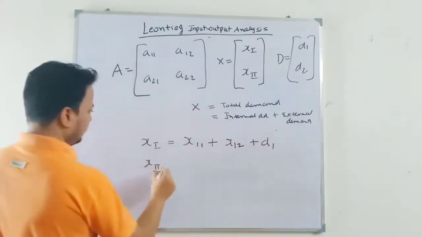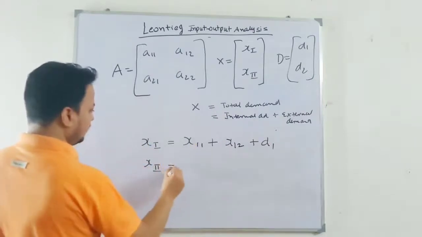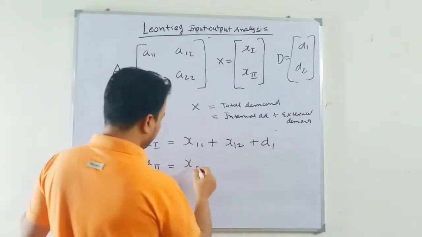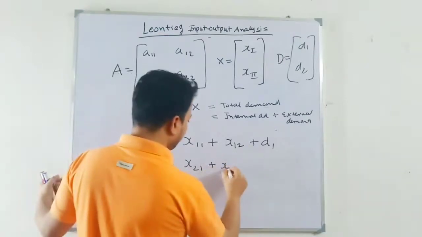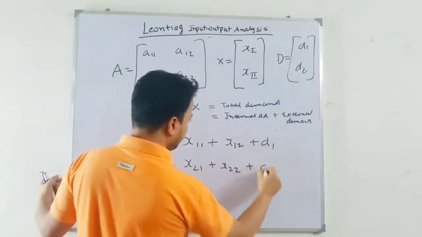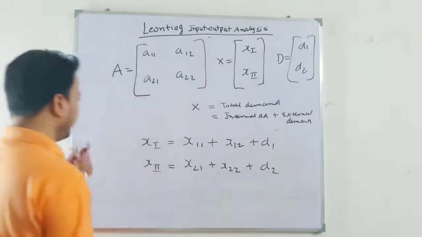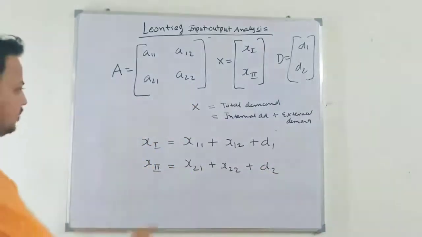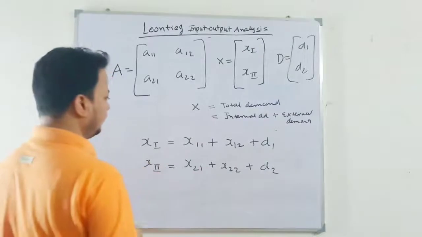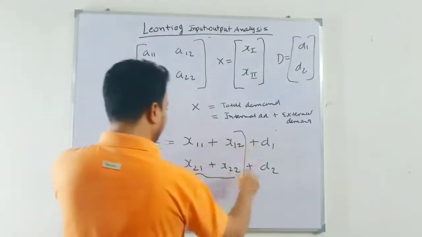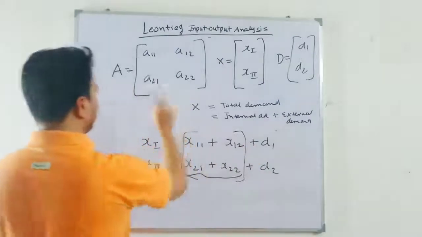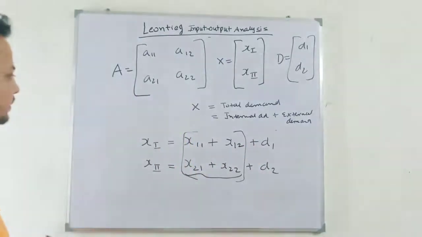For the second, just add the row thing: output of second industry used by first industry plus output of second industry used by second industry plus external demand. This you all know that we have done. I said this is part of your internal demand. So from this I have taken out this thing.